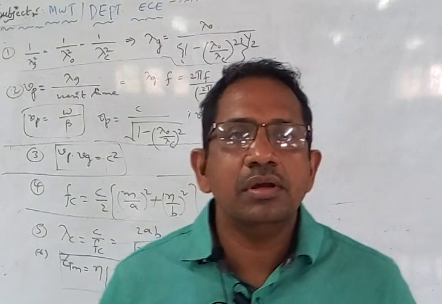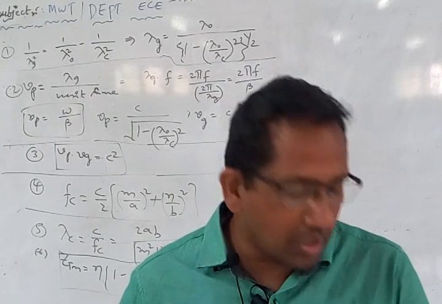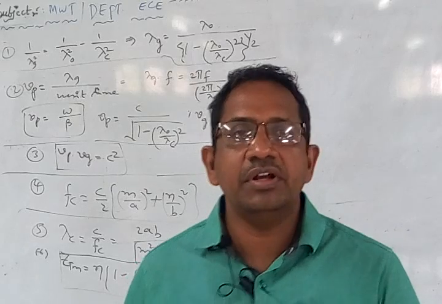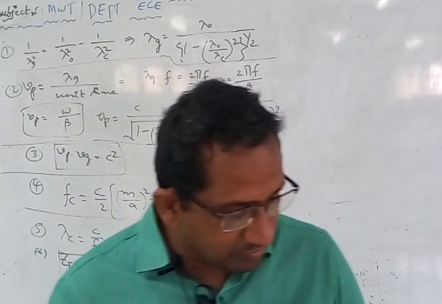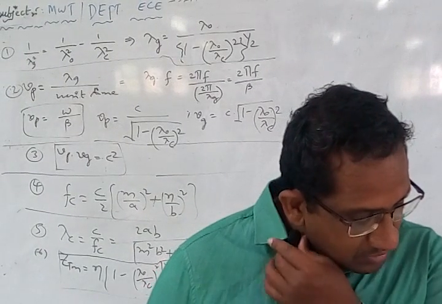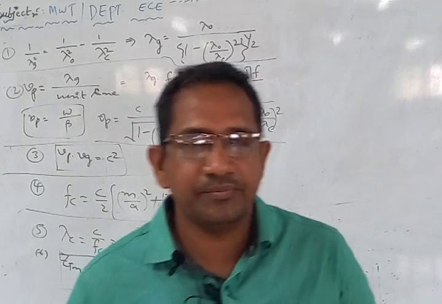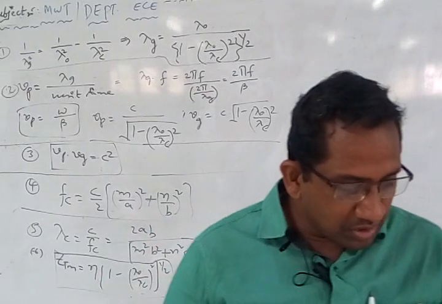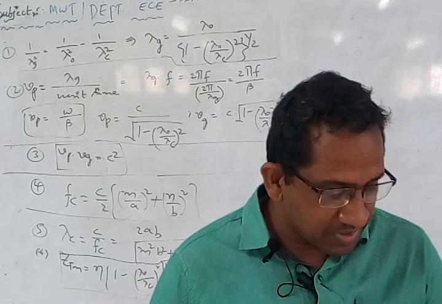Now write down. Determine the cutoff wavelength for the dominant mode in a rectangular waveguide of breadth 10 centimeters.